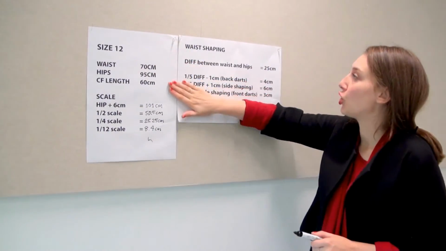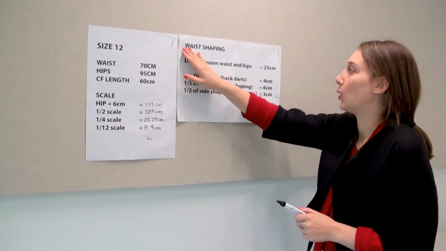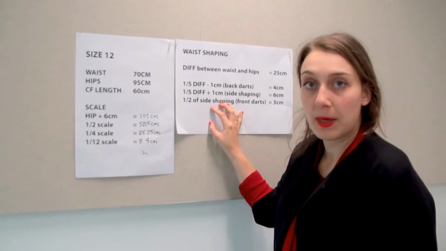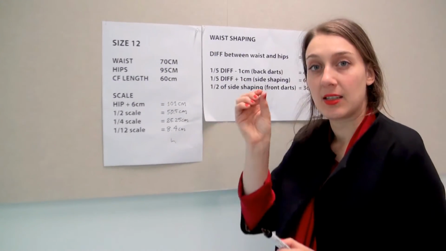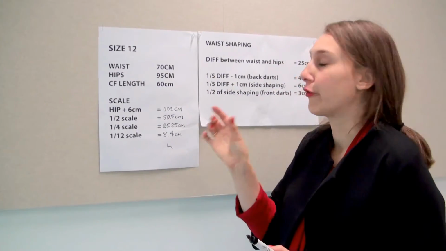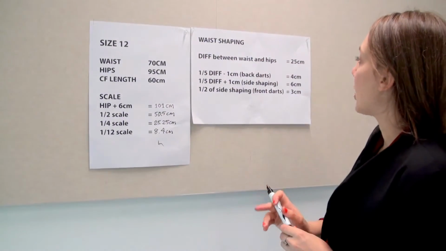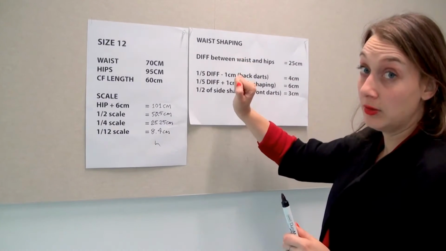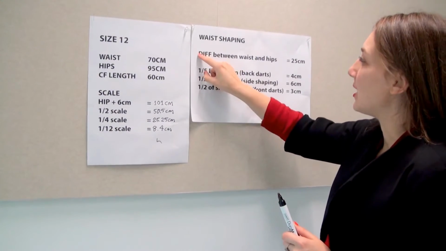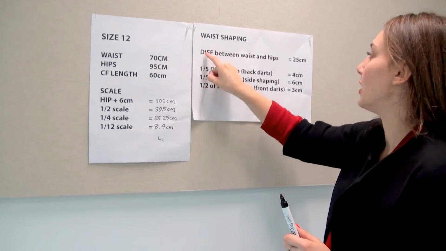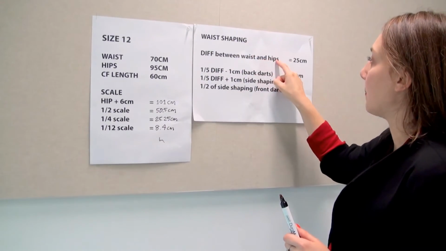And then we come on to another set of equations. These equations give us the shaping over the side seam and the dimensions of the front and back darts. For the waist shaping, the scale is the difference, DIFF just stands for difference, between waist and hips.